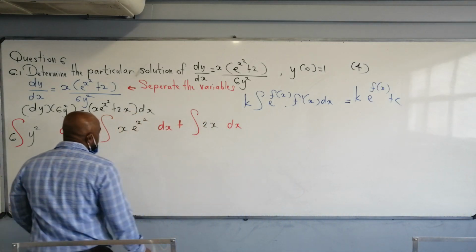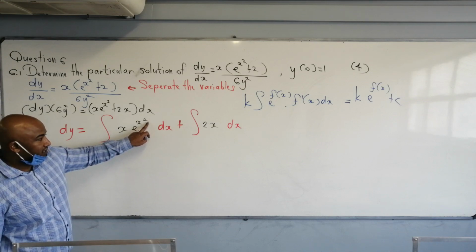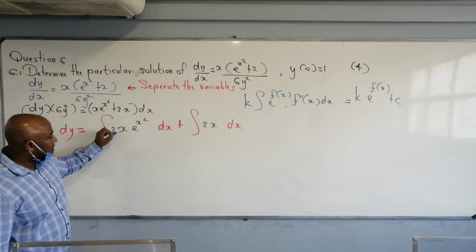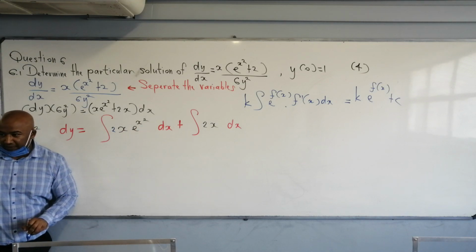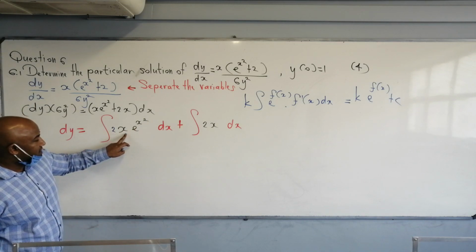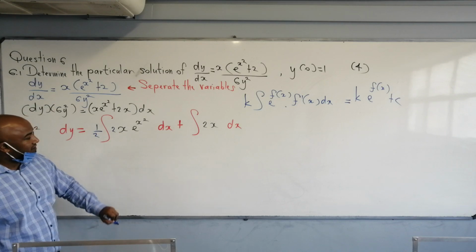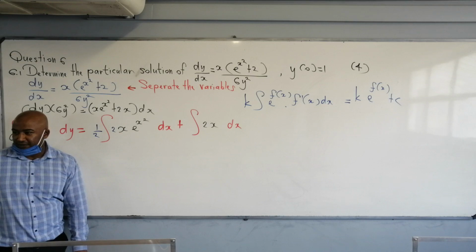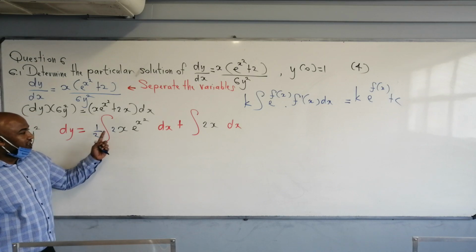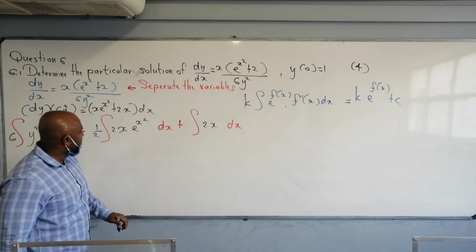So the derivative of x squared is 2x. But there was no 2 originally, so I'll multiply by 1 over 2. Can you see that? So half and 2 give you the original 1. So now it satisfies the condition.